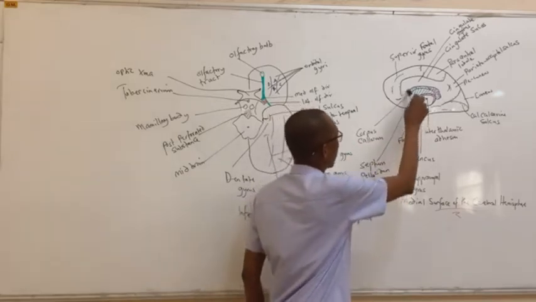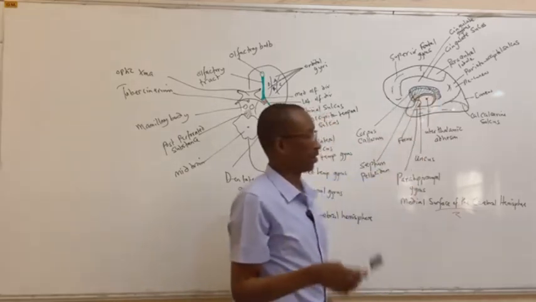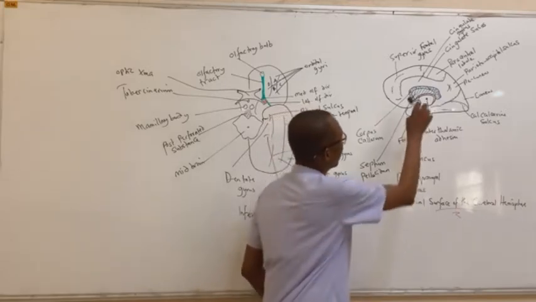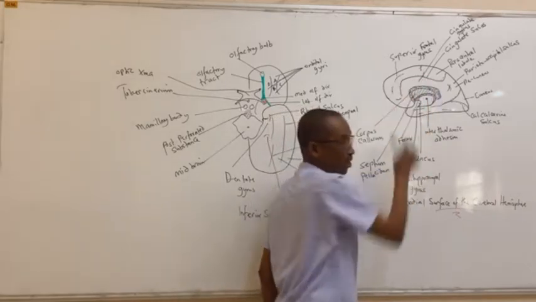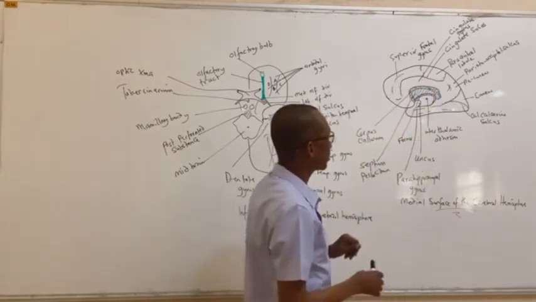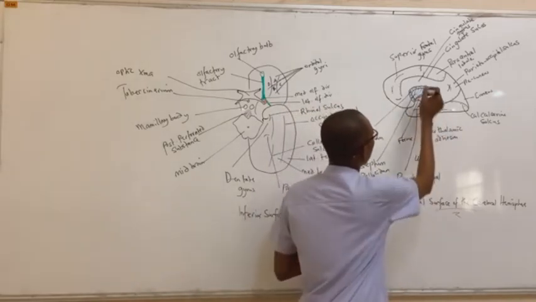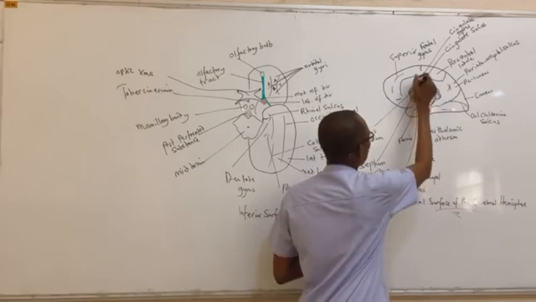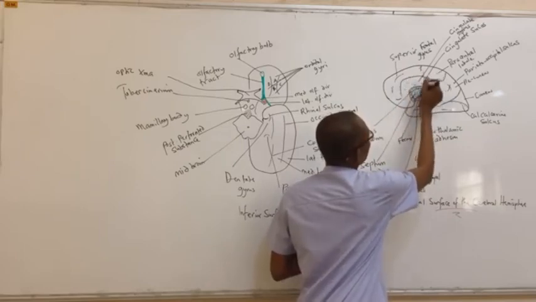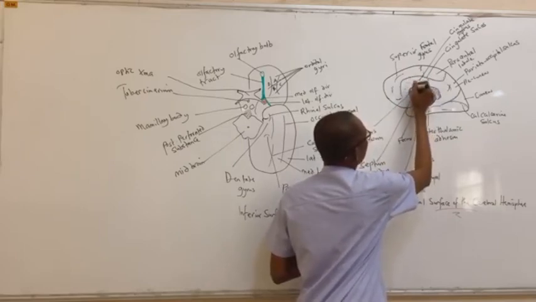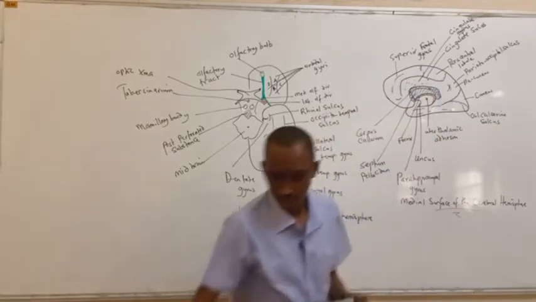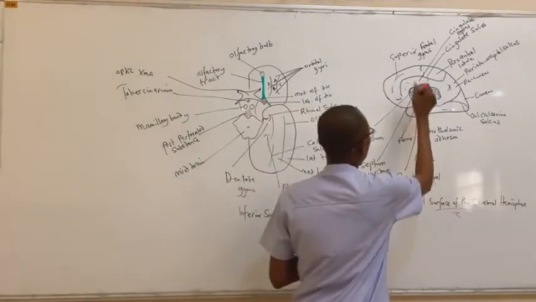So the corpus callosum, which is the commissural fibers, the cingulate gyrus lies immediately above it. And in between the corpus callosum and the cingulate gyrus, there is one layer of gray matter, which I didn't put in between.